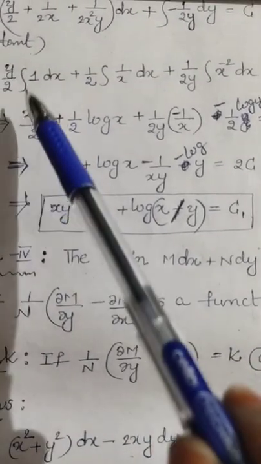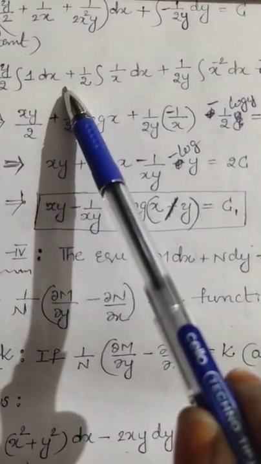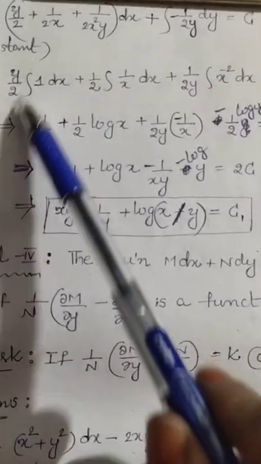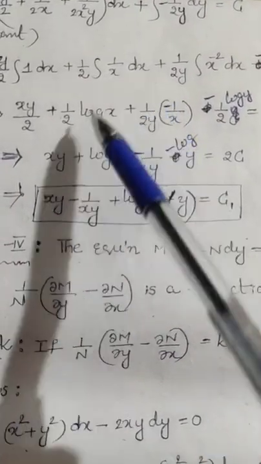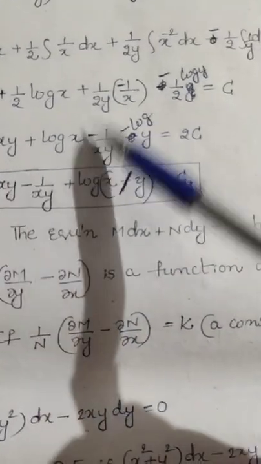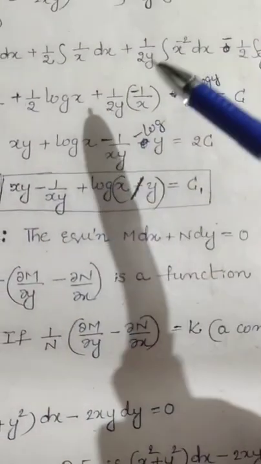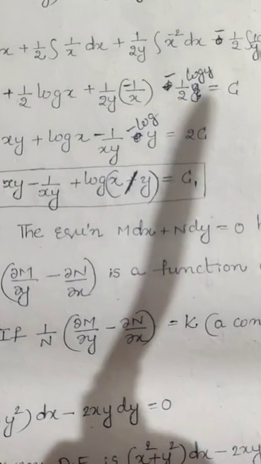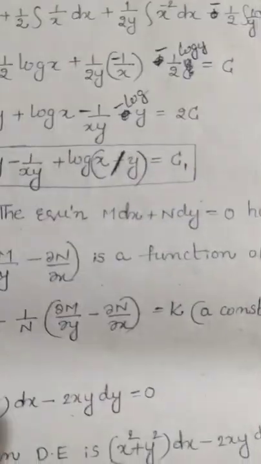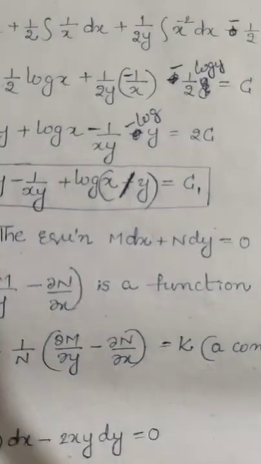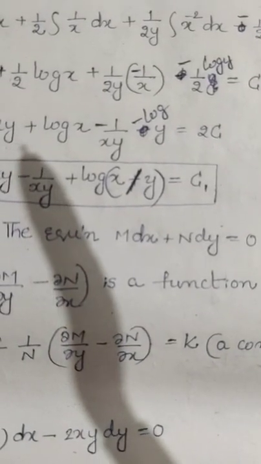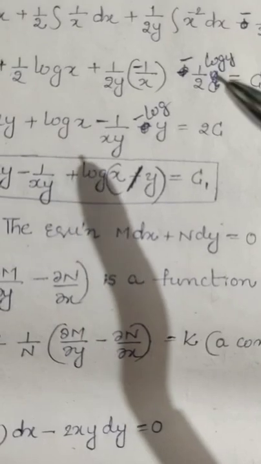So y/2 into the integral of 1 dx, which is x, gives xy/2, plus 1/2 into the integral of 1/x dx, whose value is log x, plus 1/(2y) into the integral of x to the power n dx. We have the formula that the integral of x to the power n dx is x to the power n plus 1 divided by n plus 1.